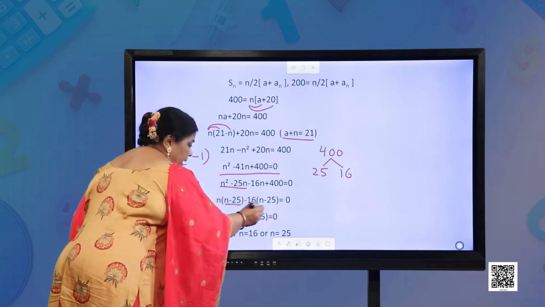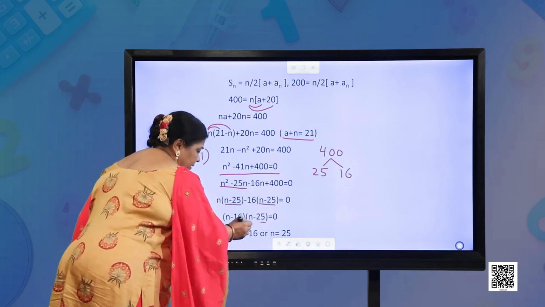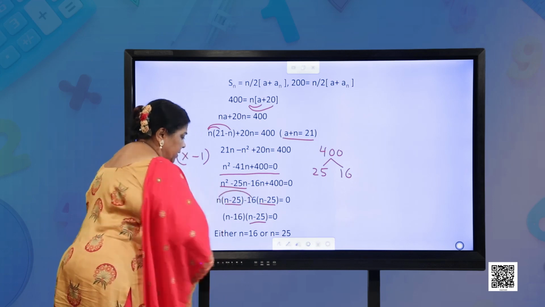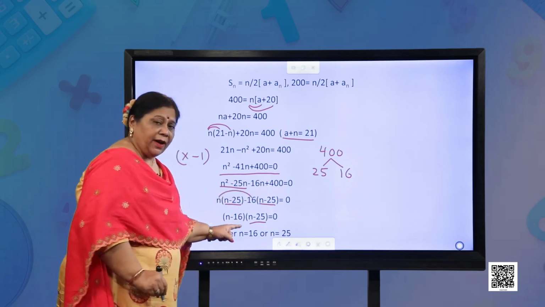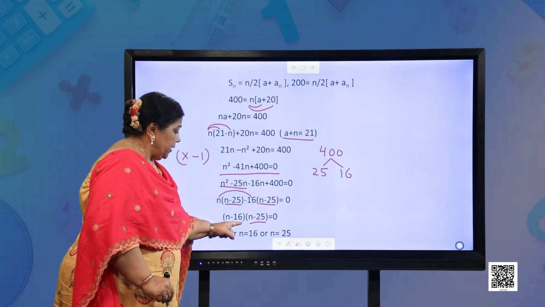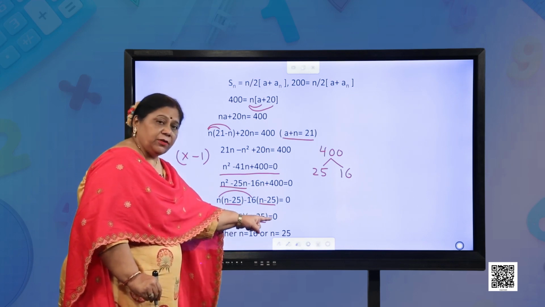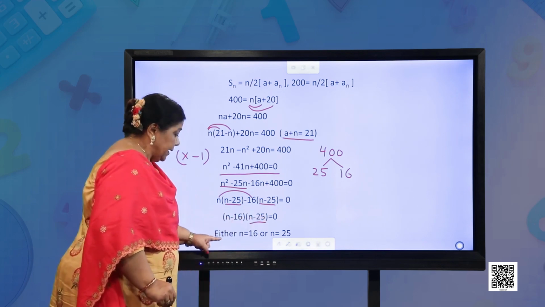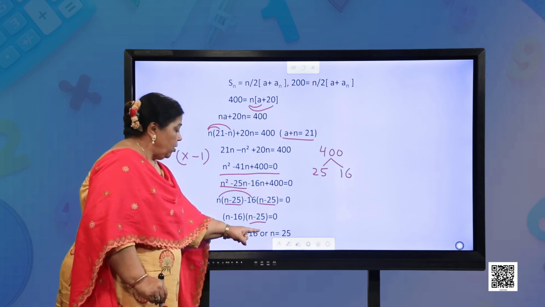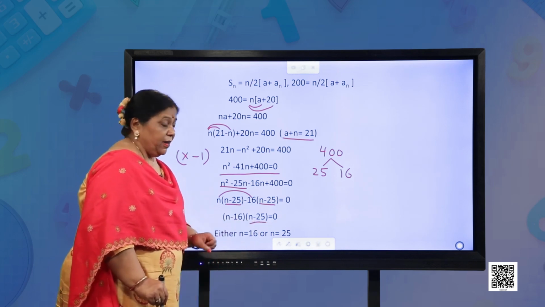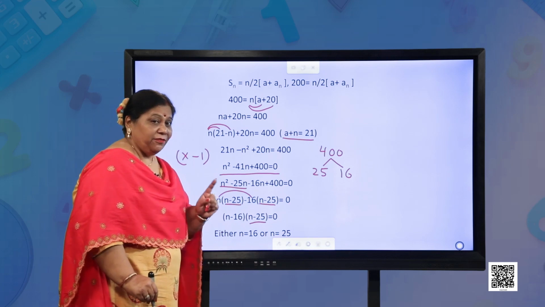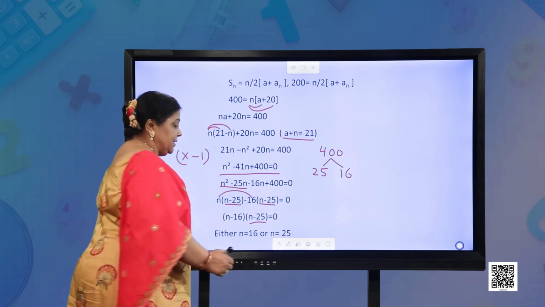As you can see, n minus 25 is one of the factors and the left out factor is n minus 16. So, the two factors are n minus 16 into n minus 25 is equal to 0. That means either n is equal to 16 or n is equal to 25. Now, out of these two only one has to be selected. Let us see, that is interesting.